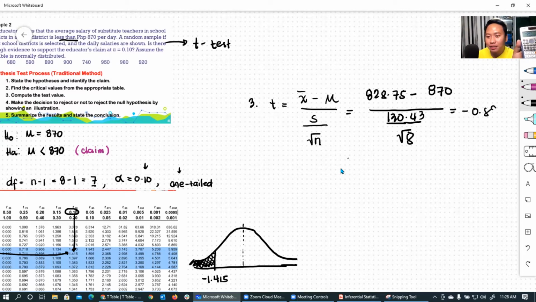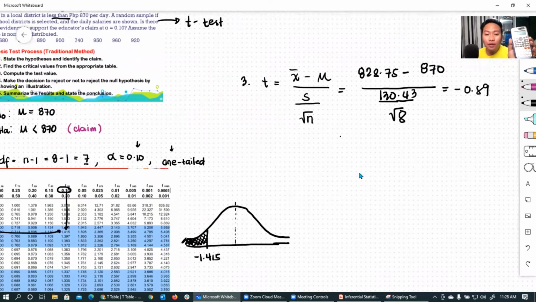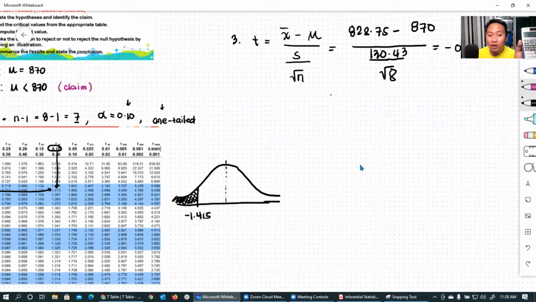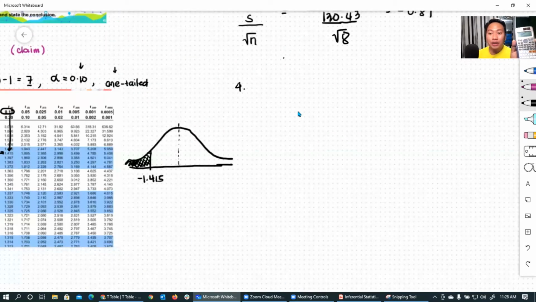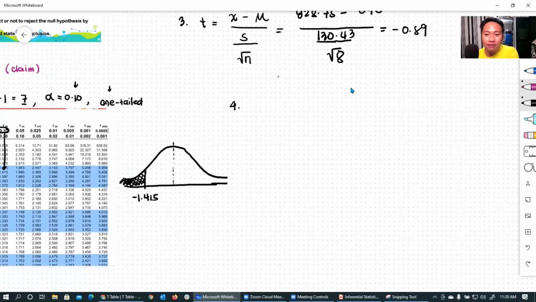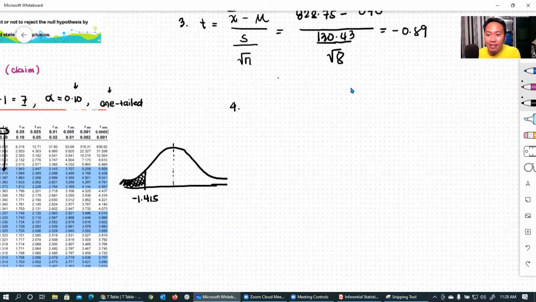All right. So our step 4 now, guys, will be our decision making. Do we have to reject the null hypothesis or accept the null hypothesis? We can refer to our decision making in step 2. Take a look at the test statistic that we have solved: negative 0.89. Where do you think negative 0.89 belongs? Look at this illustration here.